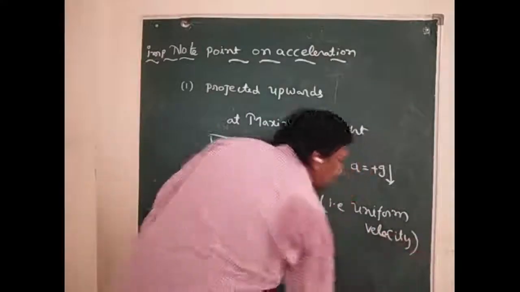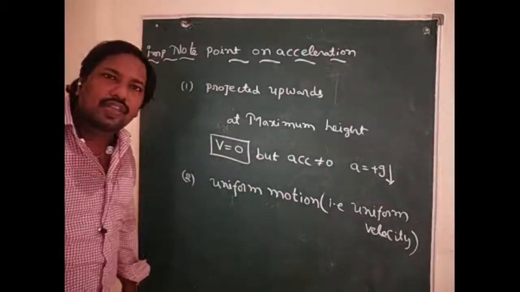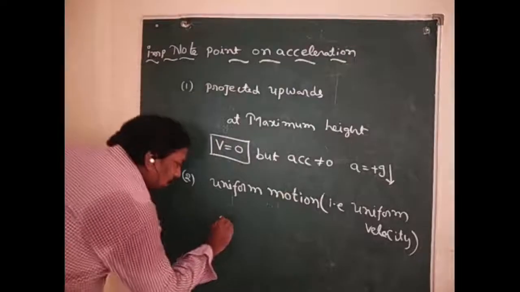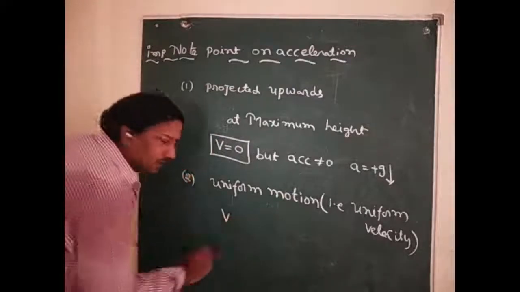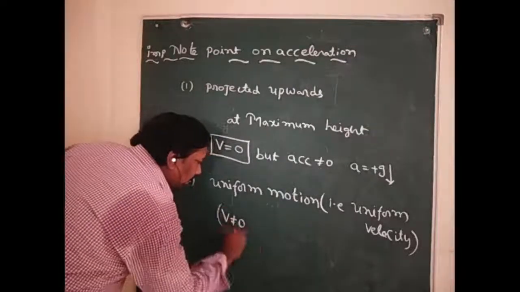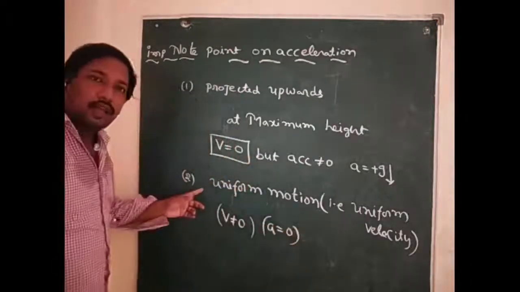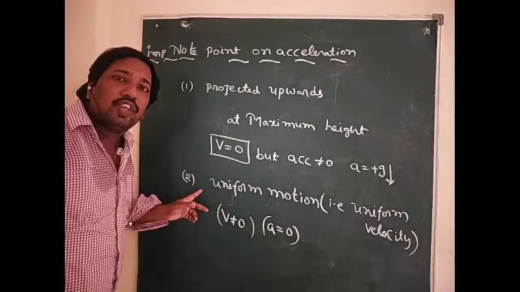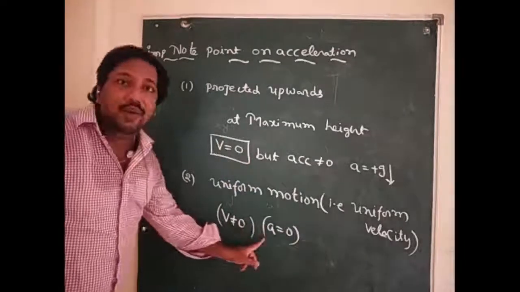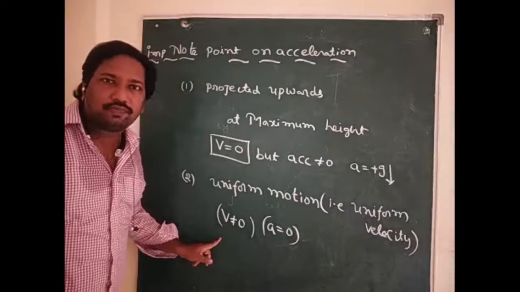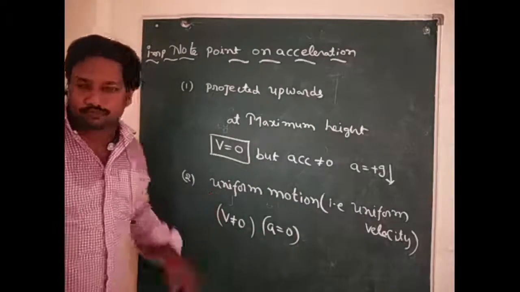The body has uniform velocity, so here velocity is constant. In this situation, velocity is not equal to 0, but acceleration of the body is 0. So when a body is moving in uniform motion, acceleration is 0, but velocity is not equal to 0. So this is case 2.